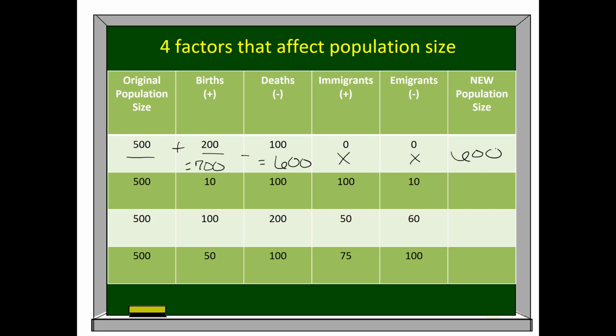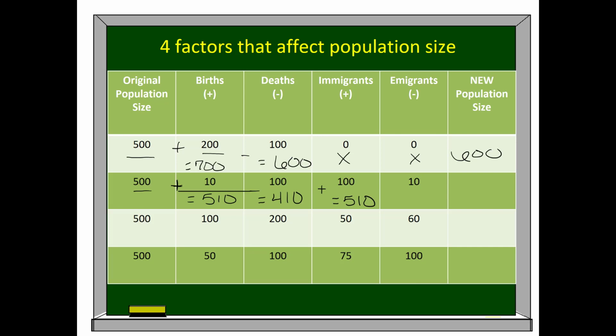Okay. Now again, if we look at the other examples, starting out with 500, we are adding births, so we add 10, that gives us 510. We are minusing 100 with our deaths, so that's going to put us down to 410. Then we have 100 being added because we have 100 immigrating in. So that's going to put us at 510.